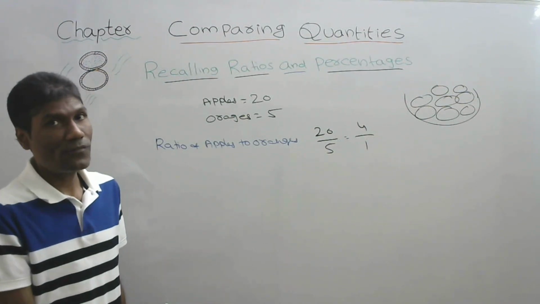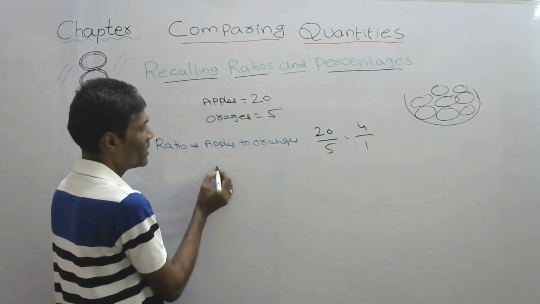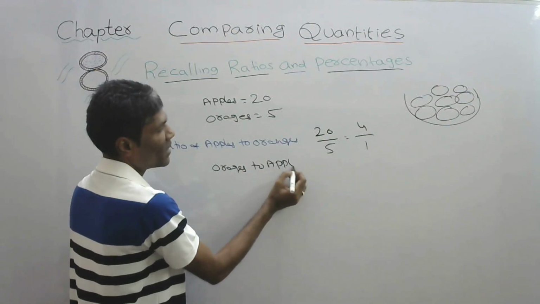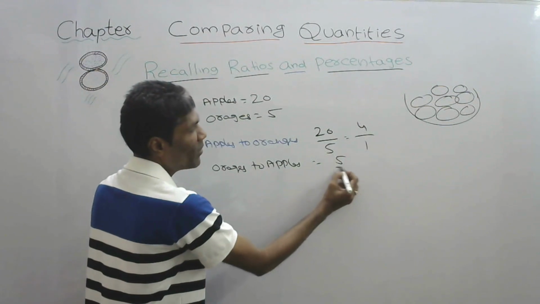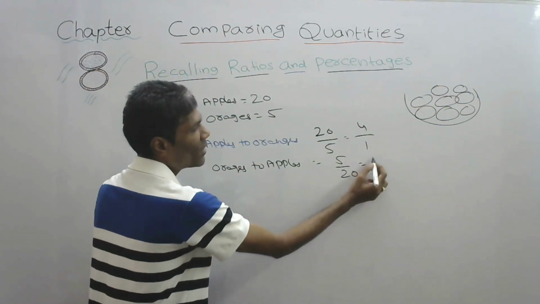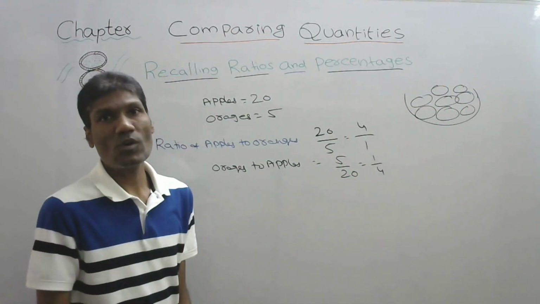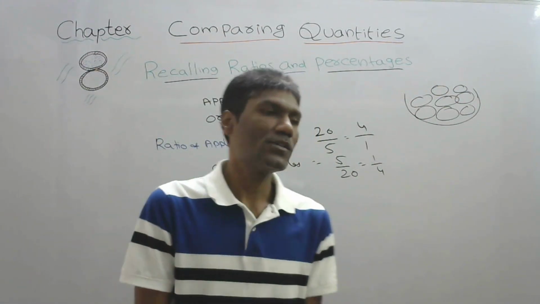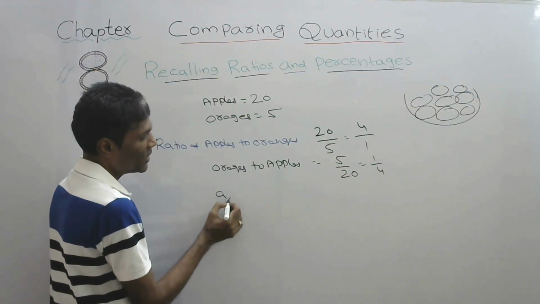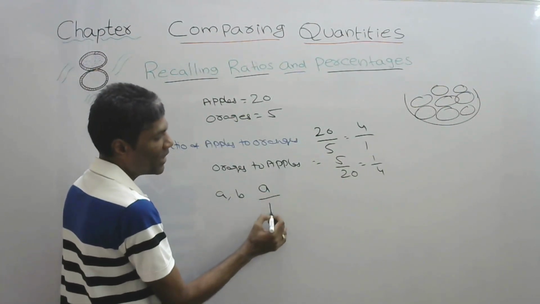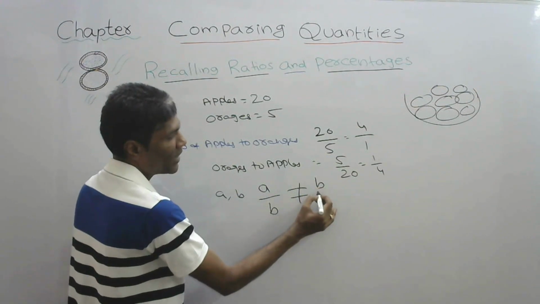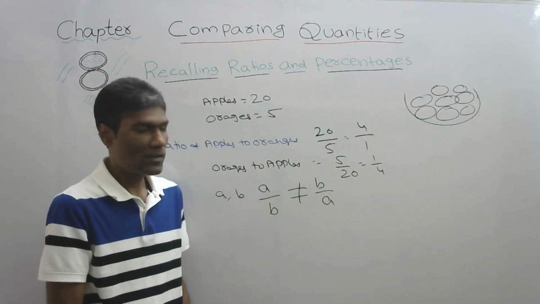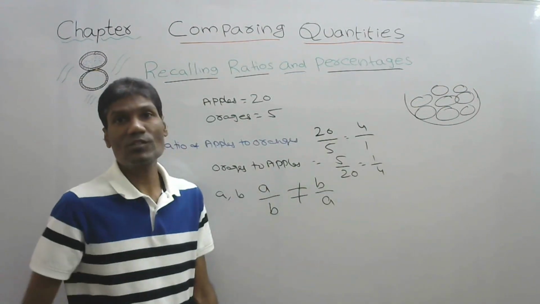If the order is changed like oranges to apples, then it will be 5 by 20, that is 1 by 4. So here the order is very, very important. If I take two quantities A and B, A by B is not equal to B by A. A by B is different, B by A is different. So this is called ratio.